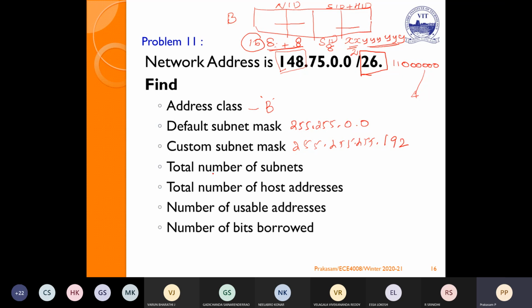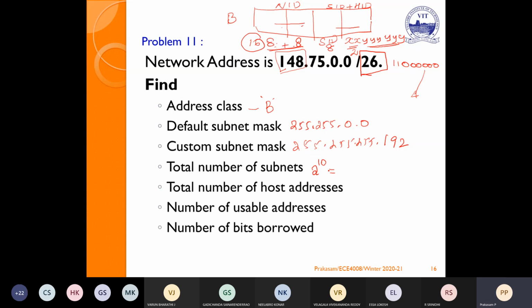Next is the total number of subnets. If you see here, already we have seen that the first two bytes are network, so 16 bits for network. Totally it is 26, so the remaining 10 bits are used to represent the subnet, 2 power 10.